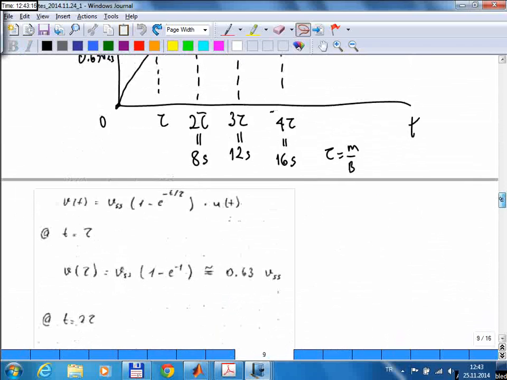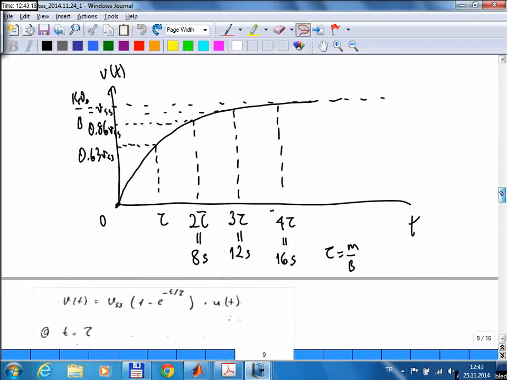Okay, so we saw that if you apply a step gas pedal input the car starts accelerating and it reaches a constant speed. And how fast it reaches this constant speed is quantified in terms of this tau parameter, which we call the time constant. So if the time constant is a small number, then the car reaches the speed quickly, and if it's a large number, then that means the car will accelerate at a slower rate.